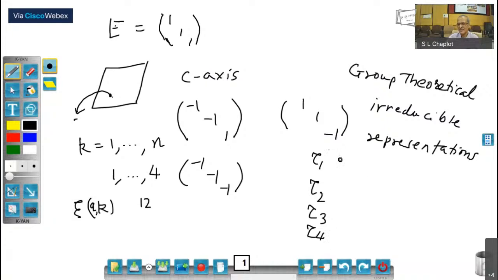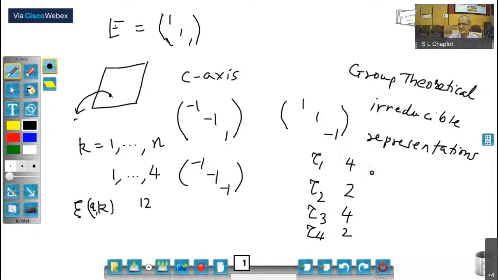Each of them may have a certain number. It could be, for example, 4 of type tau 1, 2 of this, and so on. Now, this is a very important classification because it tells us 2 things. One, what is the symmetry of the phonons which belong to this representation?